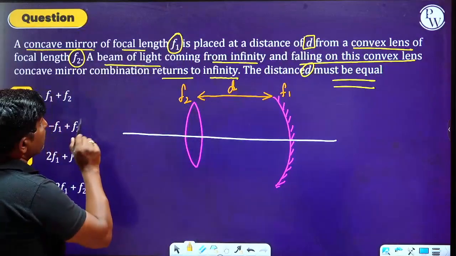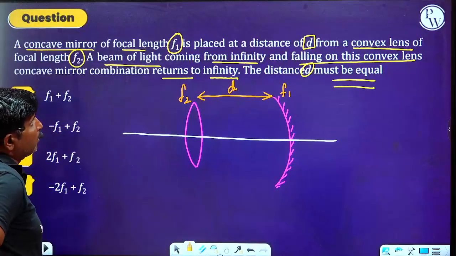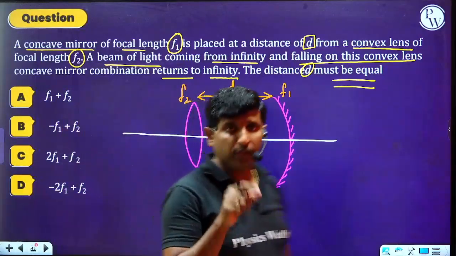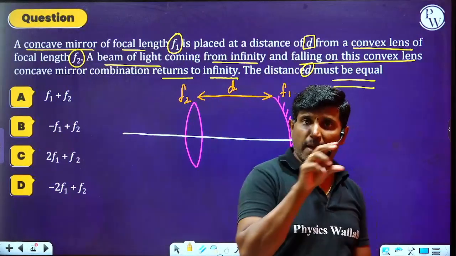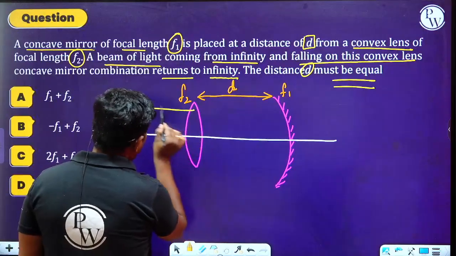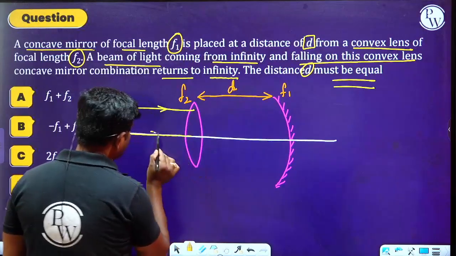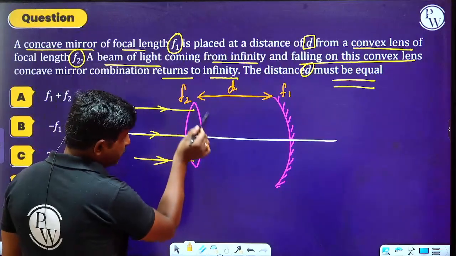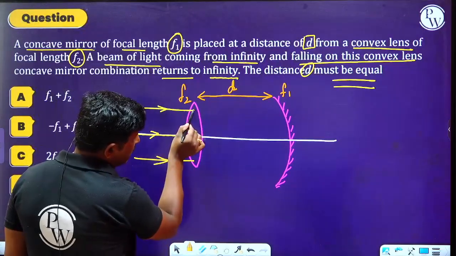A parallel beam of light coming from infinity. Whenever the light is coming from infinity, it indicates a parallel beam. So please look at the board here. A parallel beam of light is incident on the lens.